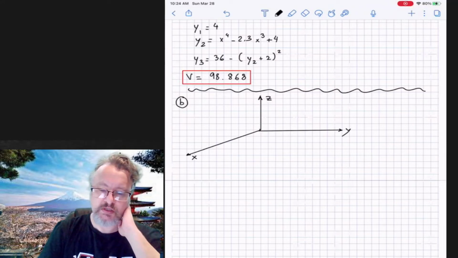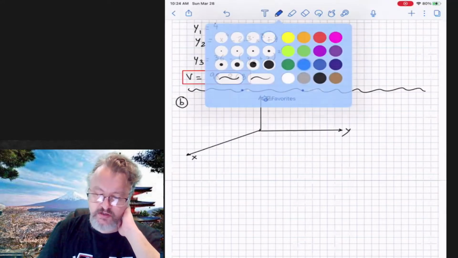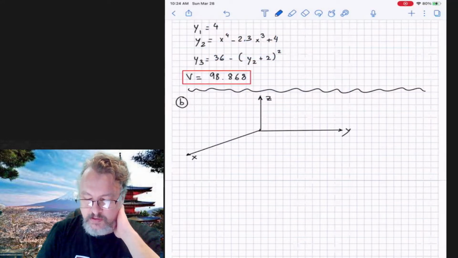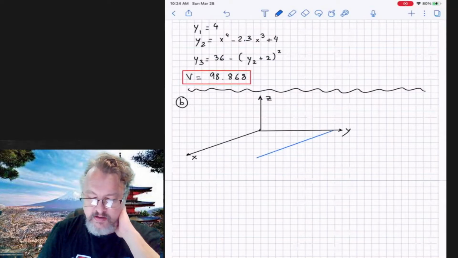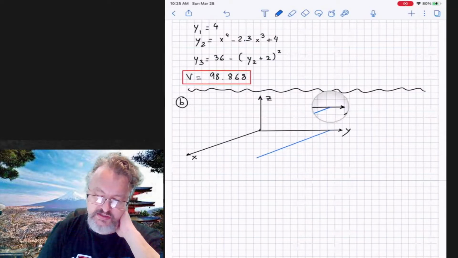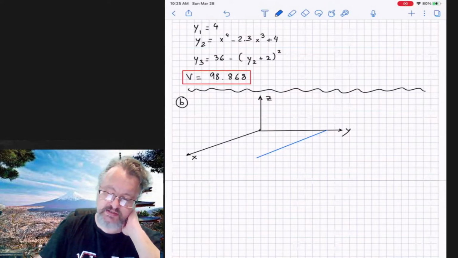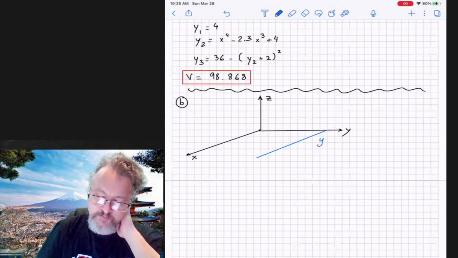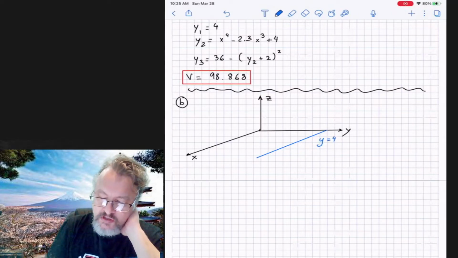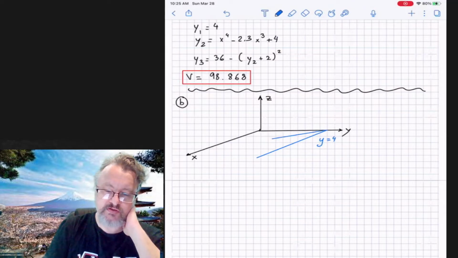Okay, so we are going to have right here parallel to the x-axis, I'm trying to draw it parallel to the x-axis, we're going to have y equal 4. And then we are going to have our function right here. That's going to be tough right here.